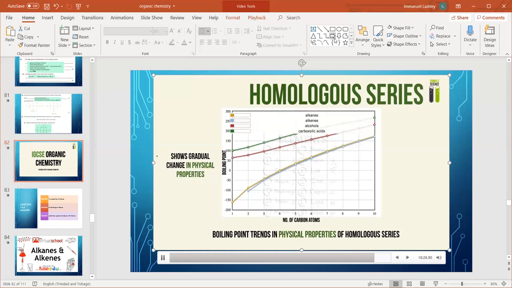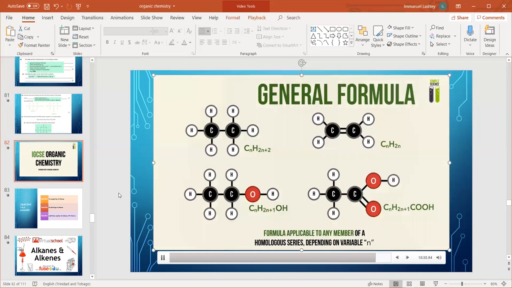Okay, so the last concept that I talked about briefly in homologous series is the general formula. The general formula is basically a formula involving a variable n, which is able to describe or name the molecular formula for all members of the homologous series. So for example, looking at the alkane group, the general formula is CnH2n+2.